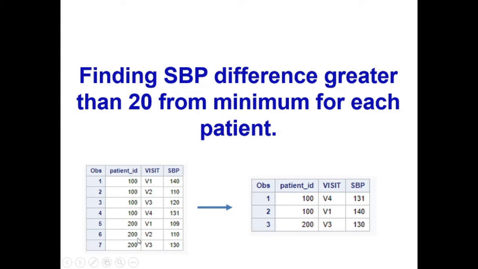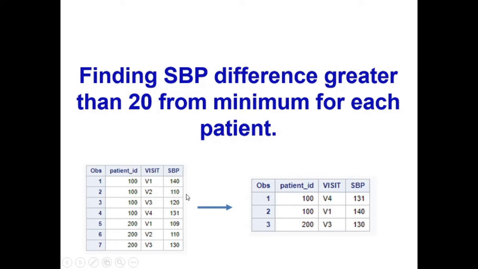The goal here is to find out which of these SBPs are greater than 20 from the minimum for each patient. For example, if you look at patient ID 100, we can see that the minimum here is 110.